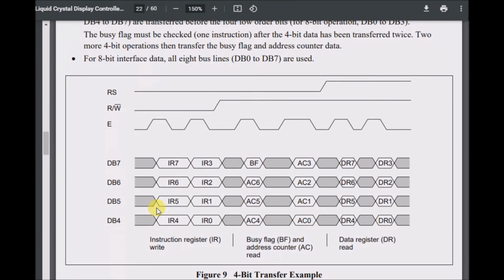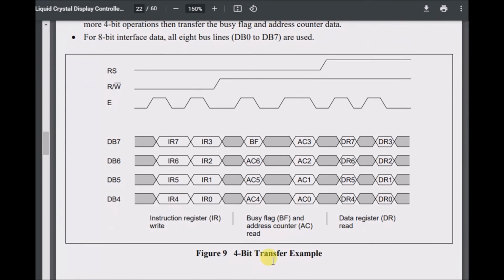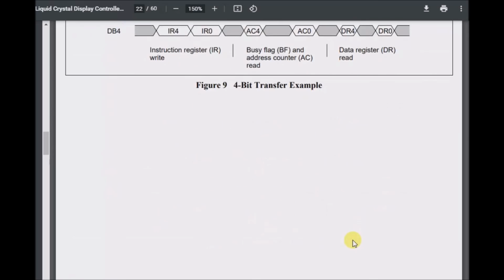Okay, this is a 4-bit transfer example. So I can stop and pause that. Instruction register IR write, busy flag BF and address counter AC read, data register DR read.